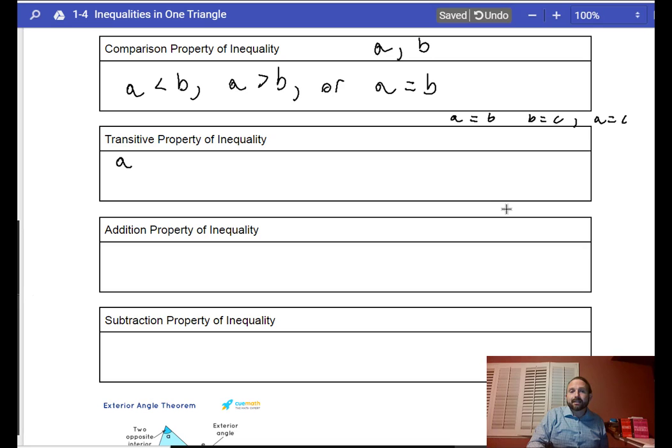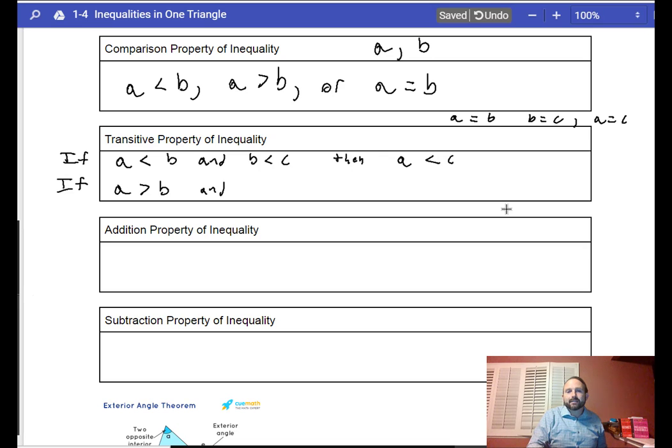If A is less than B and B is less than C, then A has to be less than C. That's it. The reverse is true too: if A is greater than B and B is greater than C, then A has to be bigger than C. That's it.